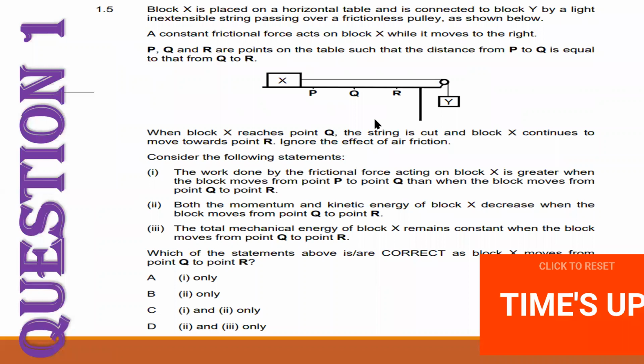When block X reaches point Q, the string is cut and block X continues to move to point R. Now moving together, when X comes to point Q, object X is staying alone, Y is removing, and then it asks which option is correct. You have 3 different options.